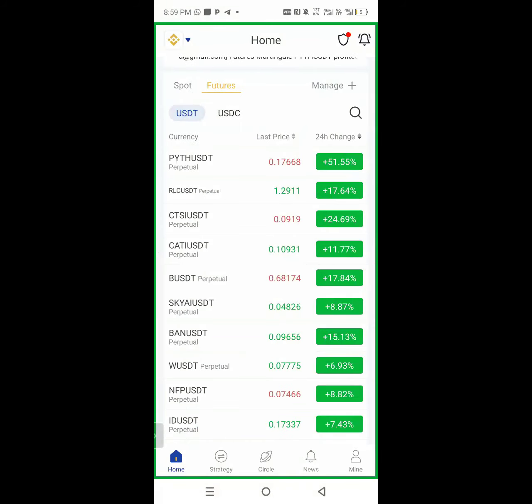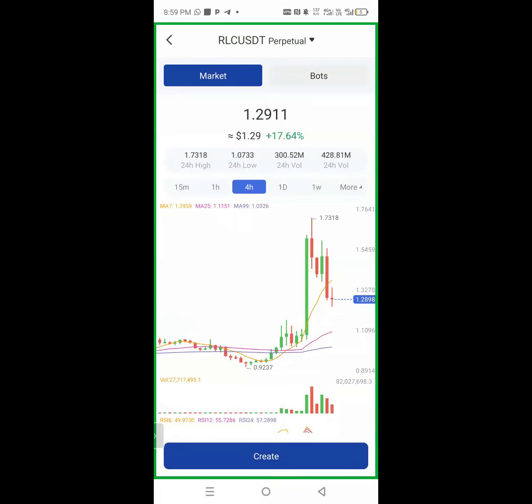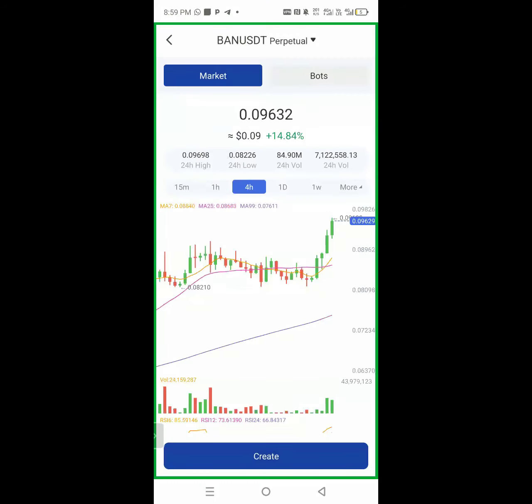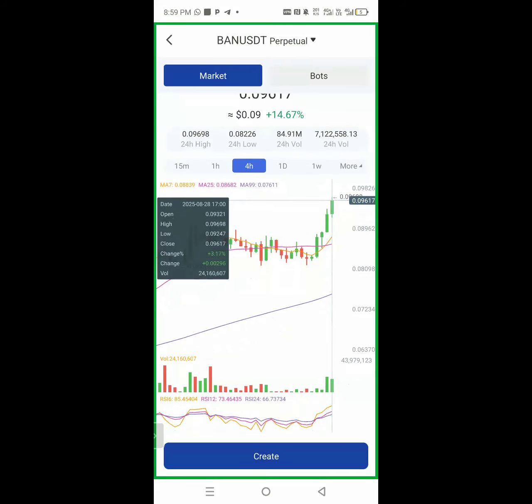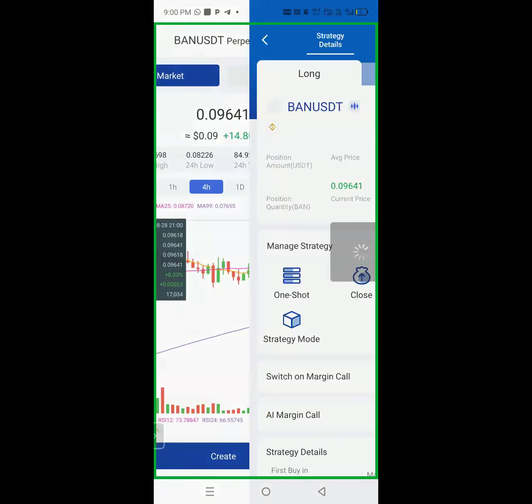Let's see if we have a coin that is up. This one has come down well. Okay, let's see this one. This one is 85. So you look at this coin now.